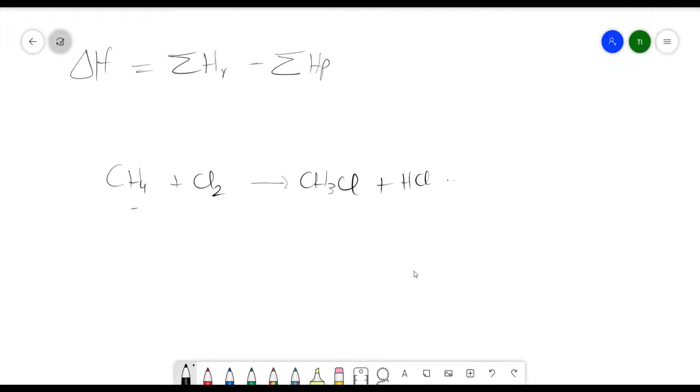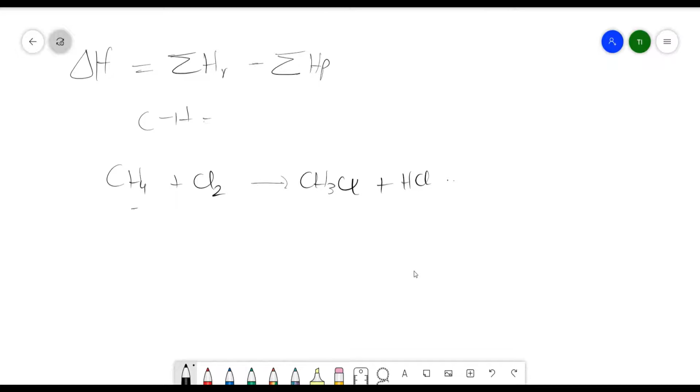But before 2022, all the data is provided in the SF16, if I recall correctly. All the bond energy values are given in the SF16. So you can either resort to the SF16 for this question, or I just gave you the values.